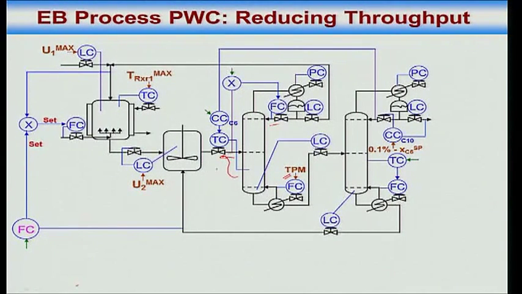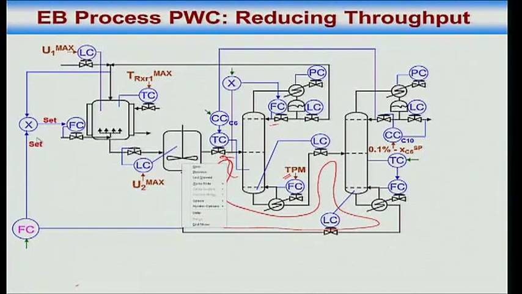It is at the expense of large swings here in this loop, because now the control of this is being done by ethylene. When I maintain this flow by changing ethylene, it takes a long time for its effect to come in the DEB. When I change ethylene, its effect will be after a long time, right?